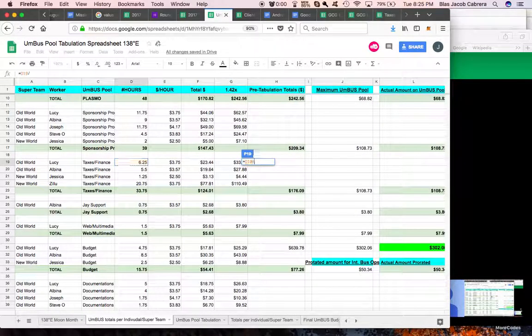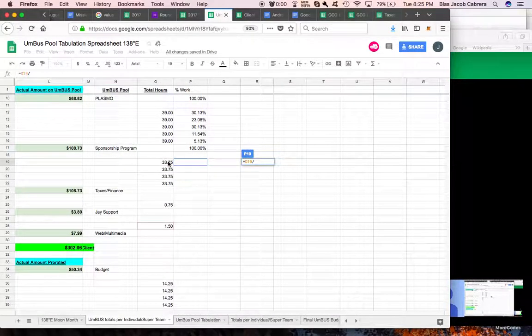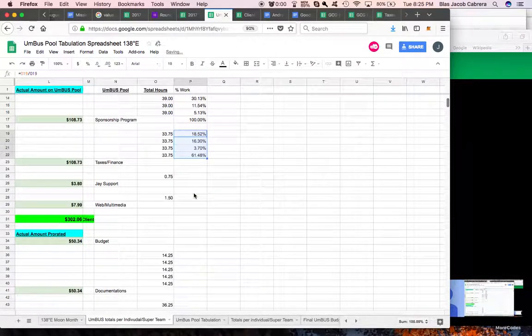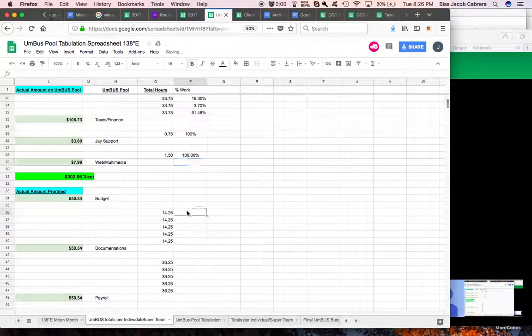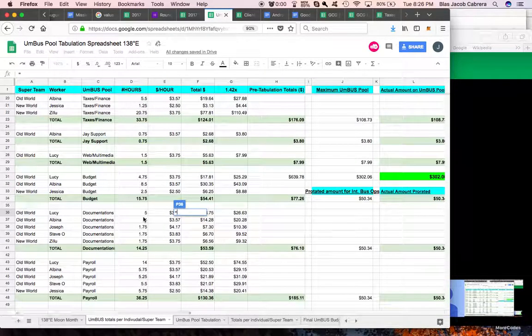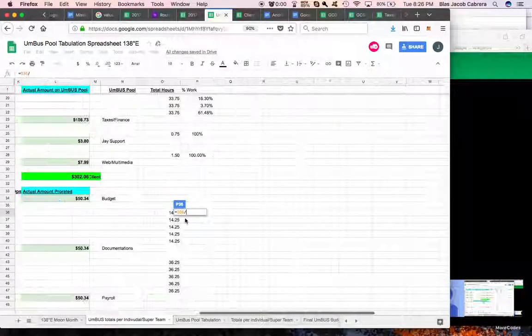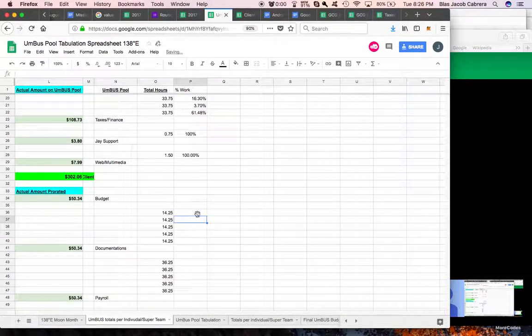So again, the number of hours each individual worked divided by the total number of hours equals the percentage of total work. Obviously, this is 100% because there's only one person who did that. All right, so then you come down here, you get the total number of hours each person worked divided by the total hours of everybody. And then you just make sure it adds up to 100%.